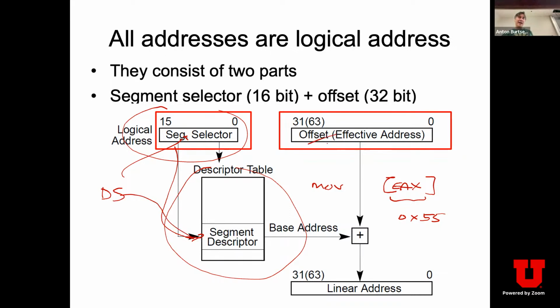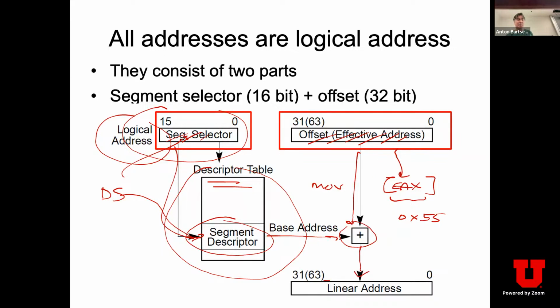So this part of the address is called the effective address. That's the actual address in the register. This is called the segment selector, and these two combined are called a logical address, right? So if you read an Intel manual and it says logical address, that's what they mean. And the result of this translation, when you fetch a value from the global descriptor table, you add the base address with the effective address with an add operation.